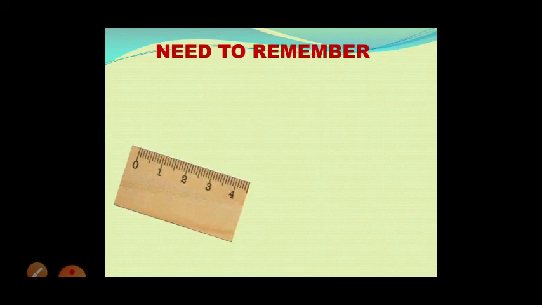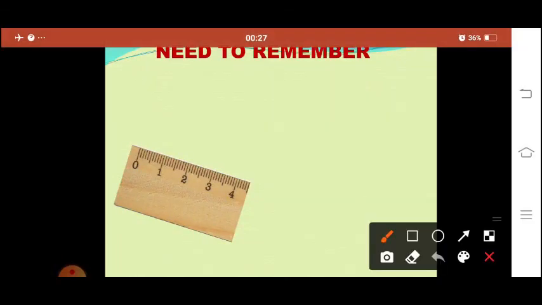Next, when we are measuring length, I told you we are using a ruler to measure a very short distance. When you are drawing a line, or measuring the length of some object in your notebook or textbook, you should never use the ruler like this. This is very wrong.